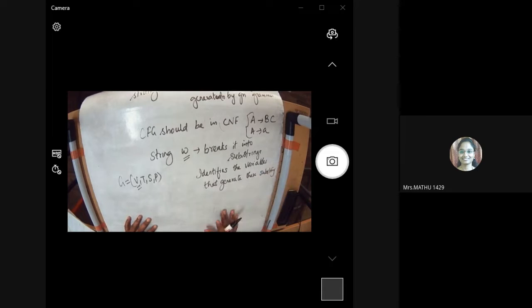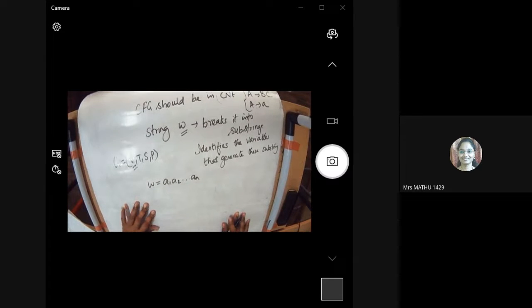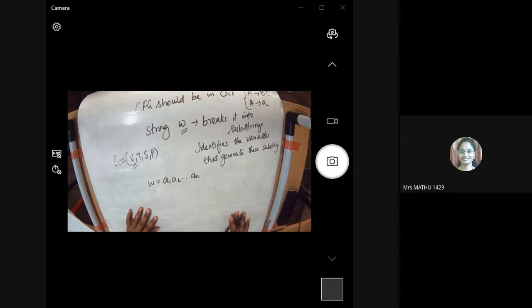For example, say w is equal to A1, A2 up to AN. This string has to be divided into many substrings. Let me make this string A1, A2, A3, A4, A5. The length of this string is 5.